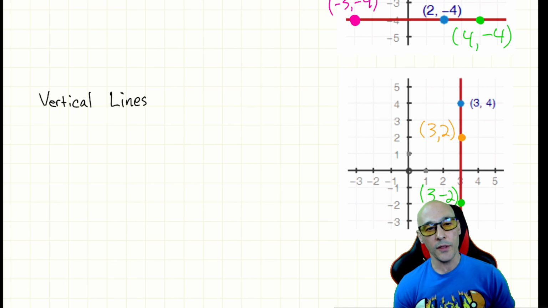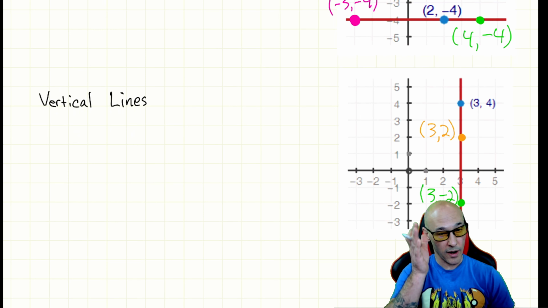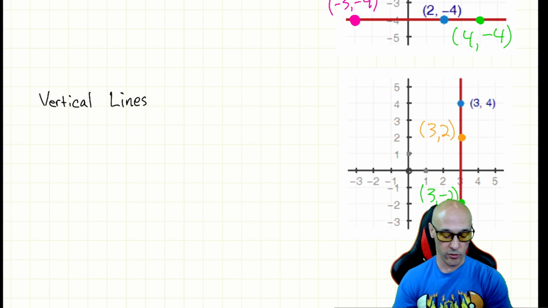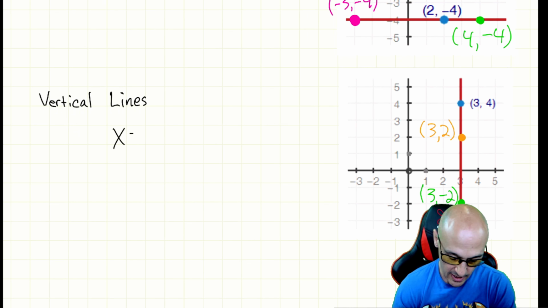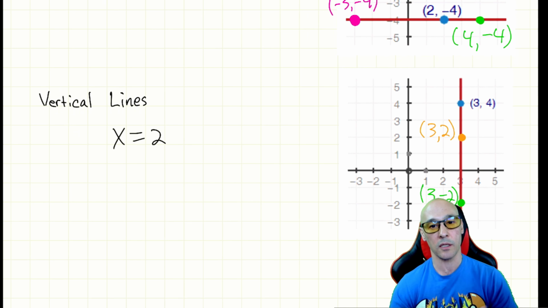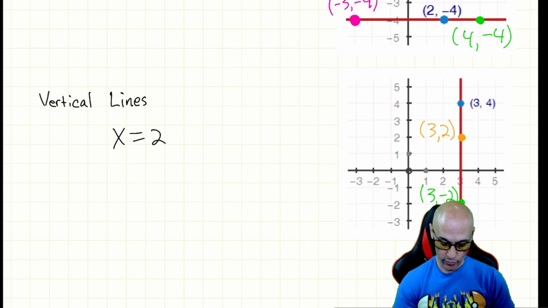Because all of the x values are the same for a vertical line, the equation is going to be x equals 3, because all of the x values are 3.